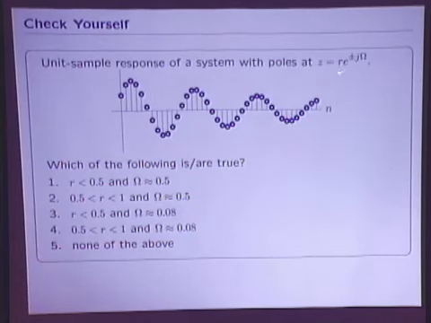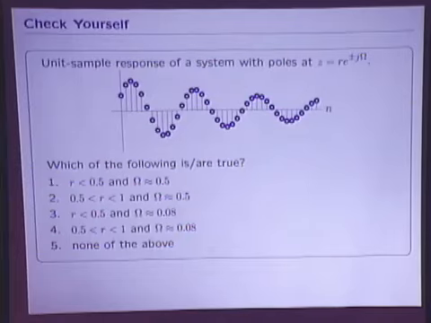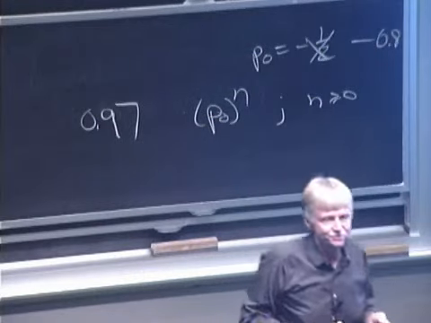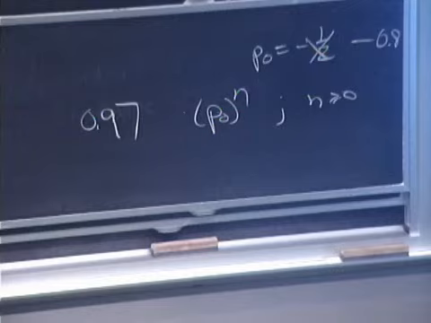If we think about pole to the n, then it's r to the n, e to the j omega n. The r part, r to the n, is making it spiral in or spiral out, one of those. And the omega part is making it go up and down and up and down. So the r here is actually 0.97, because I made the plot, so I know what it is. So r is 0.97. That has to do with a gentle decay across cycles.